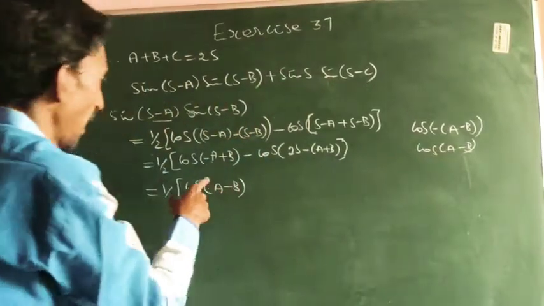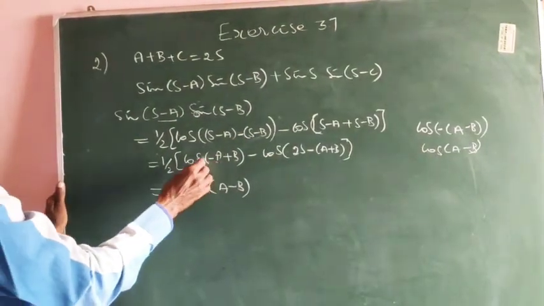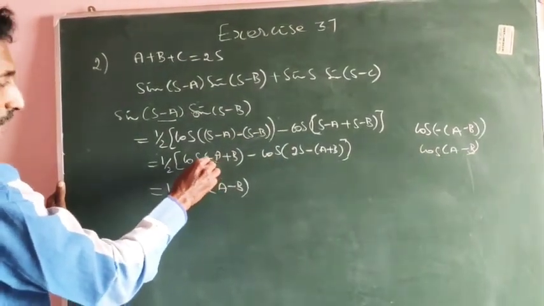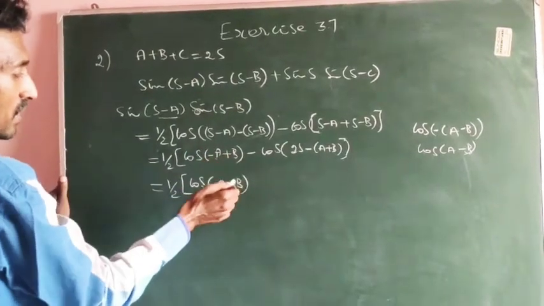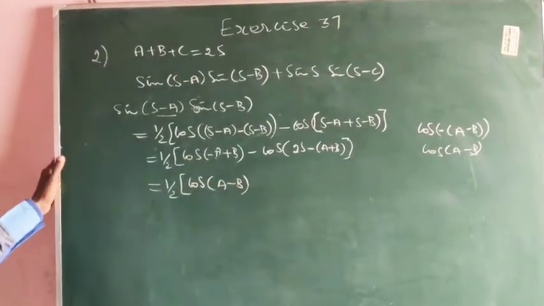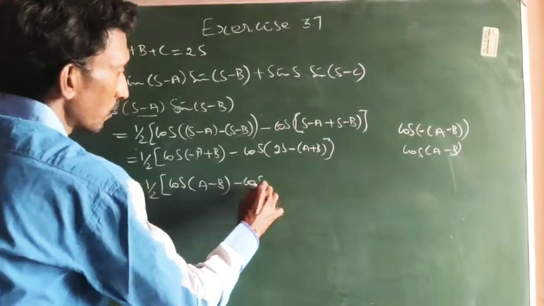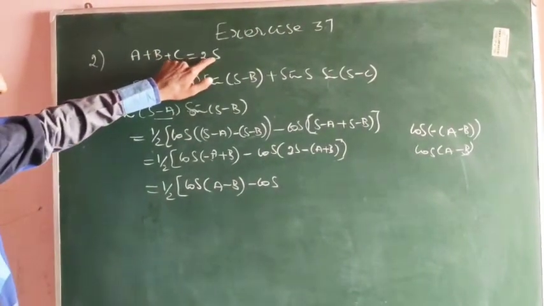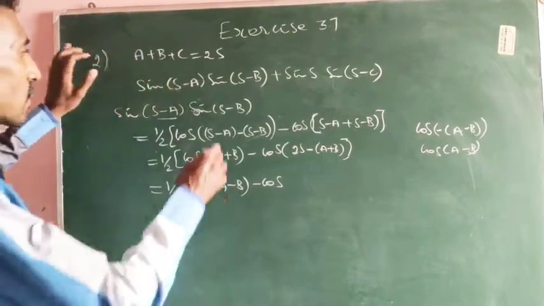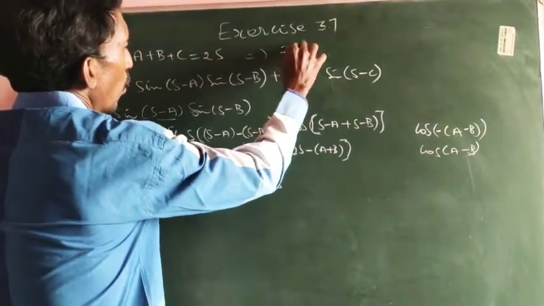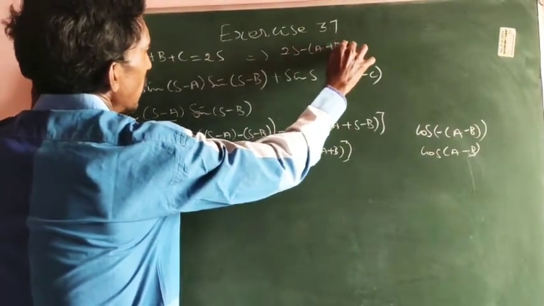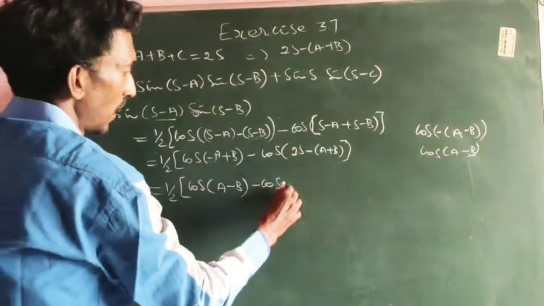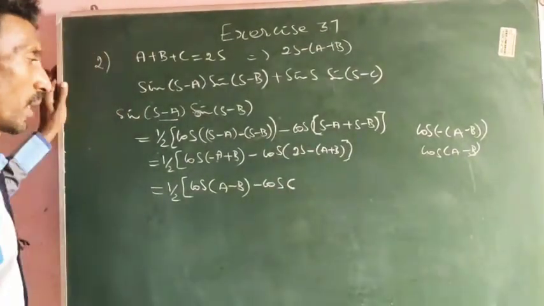Now a plus b plus c equals 2s, which implies 2s minus (a plus b) is c. So it becomes cos c.